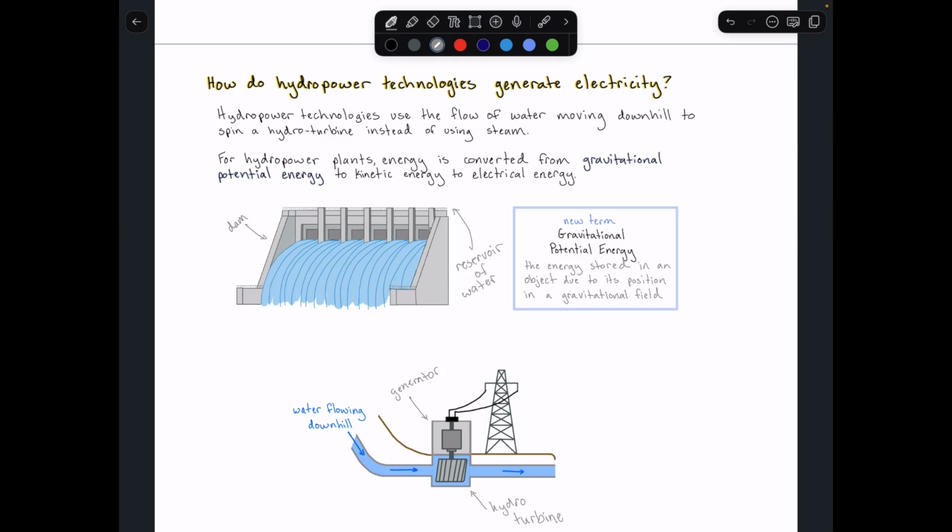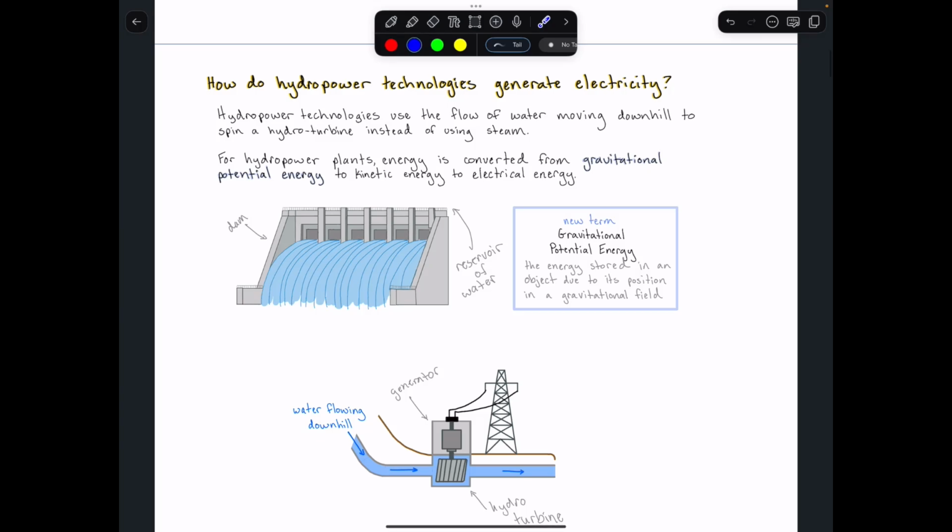And then it creates electricity, which is sent along power lines out into the electric grid to be used by all of us consumers. And the water, after passing through the hydro turbine, is then released into the river downstream. So that is at a high level how hydropower technologies generate electricity.